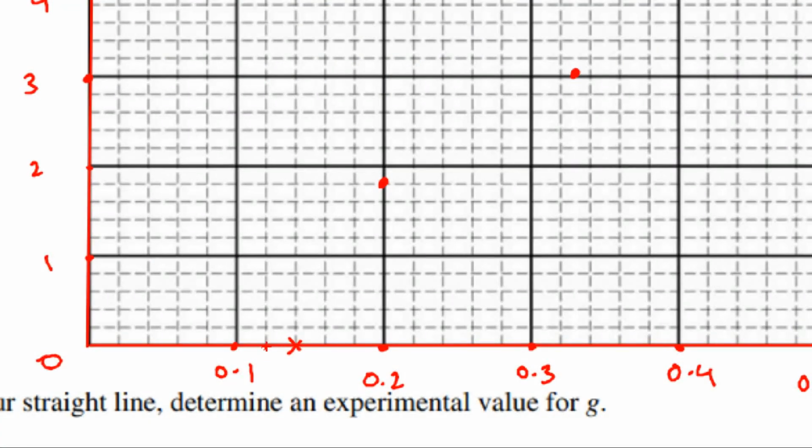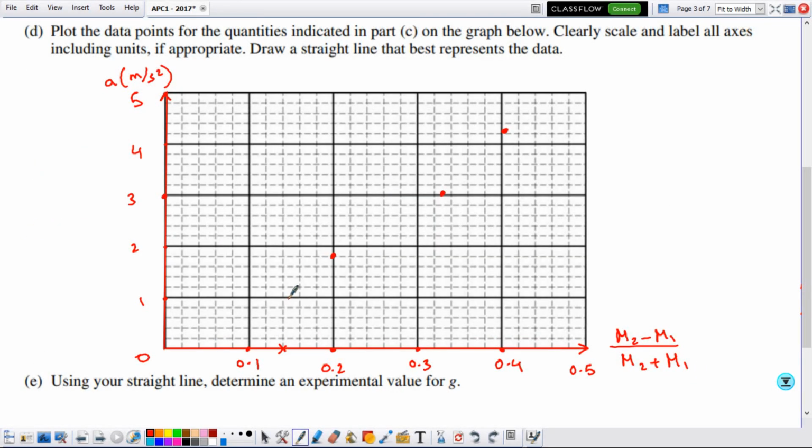So this is 1.2, and that would be 1.15, sorry, that would be 1.2. 1.15 would be midway.